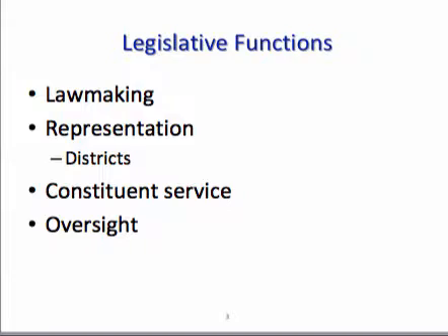Remember, the executive branch, just as paralleled in the federal system, the national system, is the governor is in charge of appointing agency heads.